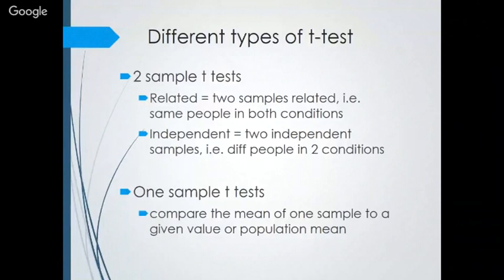For example, a particular machine used under two different conditions. In such cases we can use related two sample t-tests.